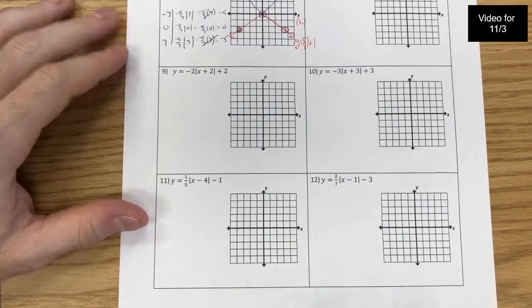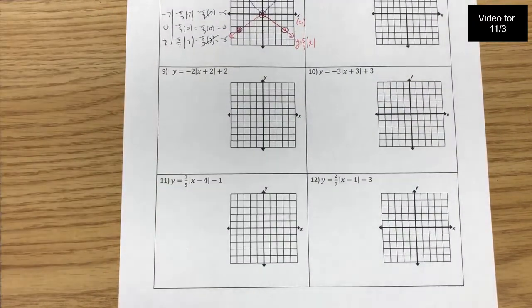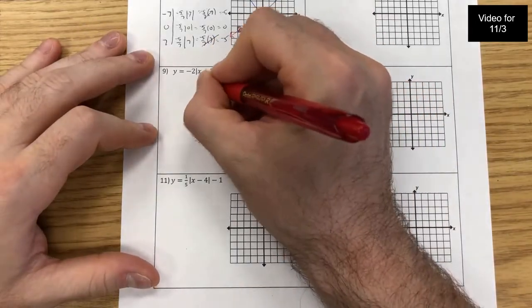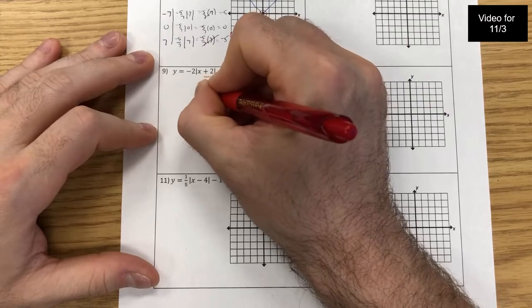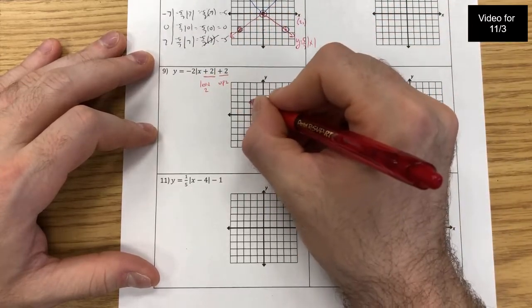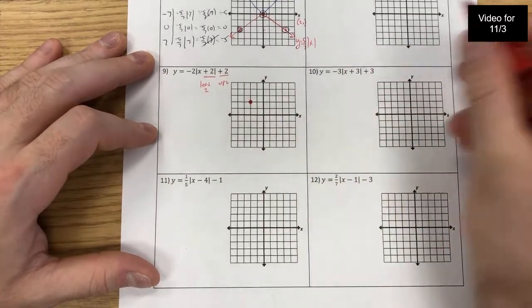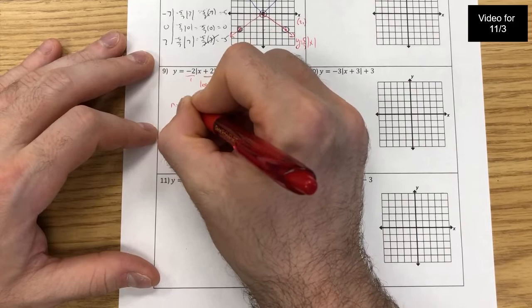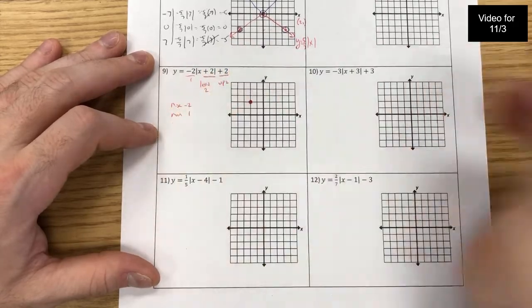And even if we have other translations in the equation, I know that I can read these as, okay, that's a left 2 and up 2. So left 2, up 2, that's where I'm going to put my vertex. This negative 2 over 1 tells me I have a rise of negative 2 and a run of 1.